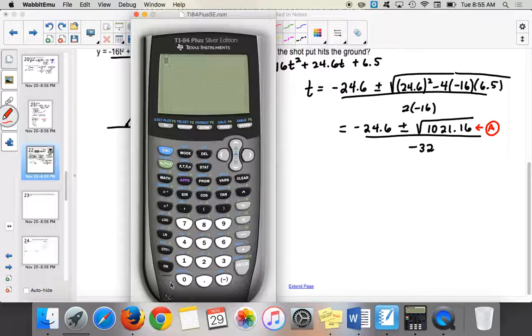Okay, so if I have the 1021.16, I don't know if you guys can see what I'm typing. It's kind of hard to see this screen. You see the button on the left-hand side of your calculator that says store. So it's right here. I hit store, and it does a little arrow, and you can save it as any letter. That's why you have letters on your calculator.